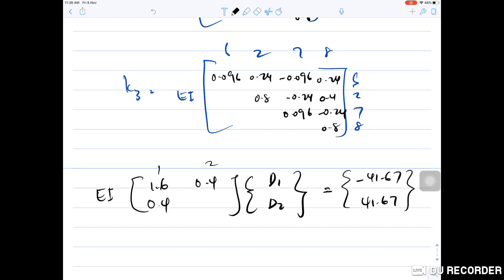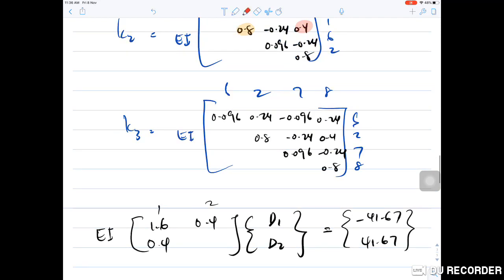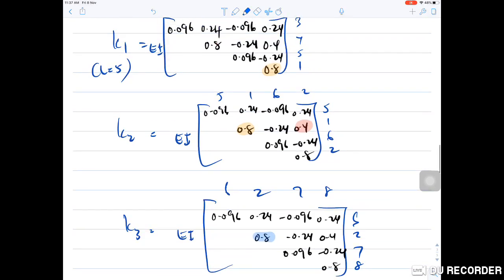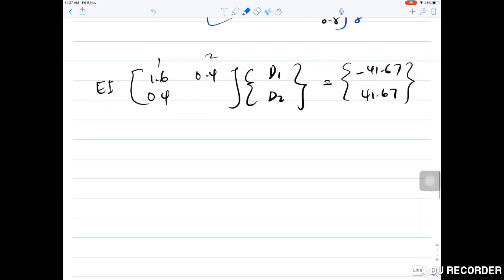For 2 2, it is 0.8 plus 0.8, which is 1.6.